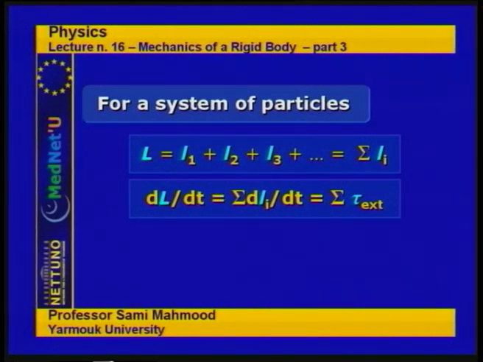torques, and the torques are categorized into two types: one part of them are torques coming from external agents, which we call tau external, and another part of the torques applied to a given object, the ith object, for example, is the internal torque, which is coming from its interaction with the other objects inside the system itself.